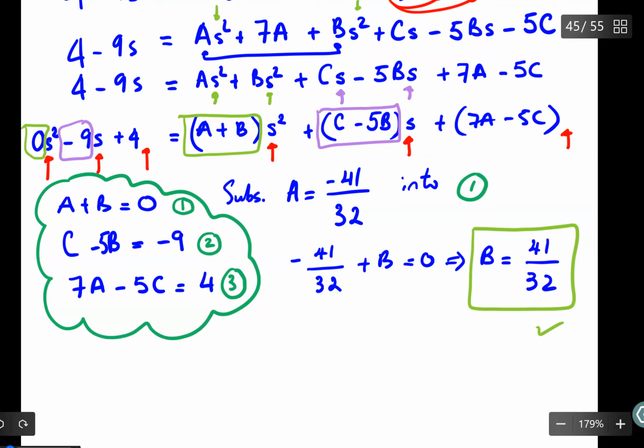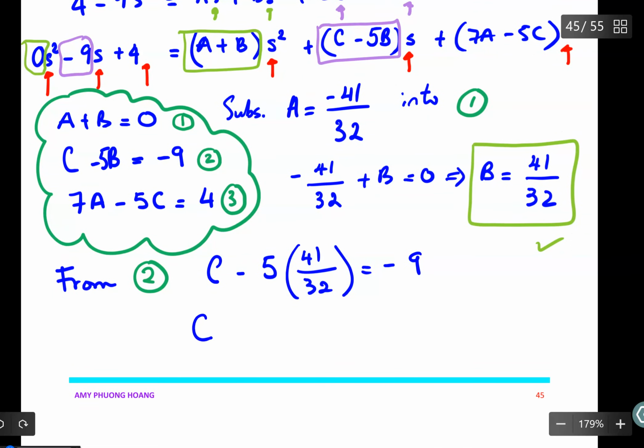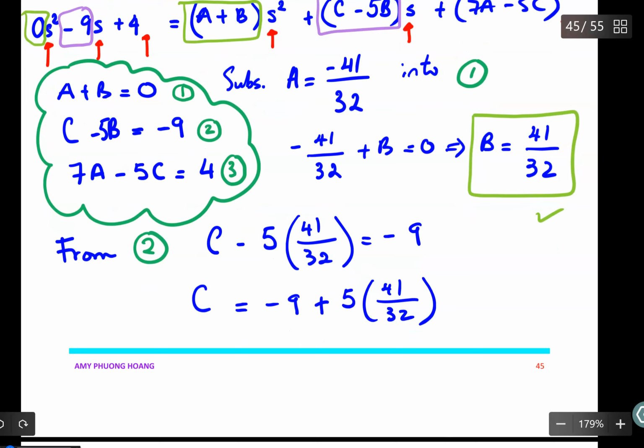Okay, so from equation number 2, you can solve for c by putting 5 multiplied by 41 over 32 equal to negative 9. So then c will be equal to negative 9 add 5 times 41 over 32. So let's find out what c equals to.